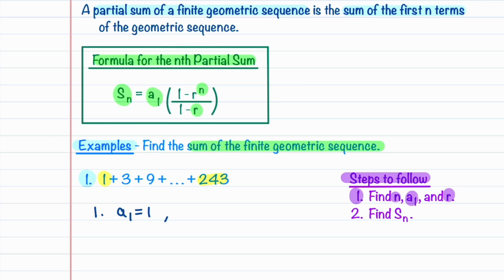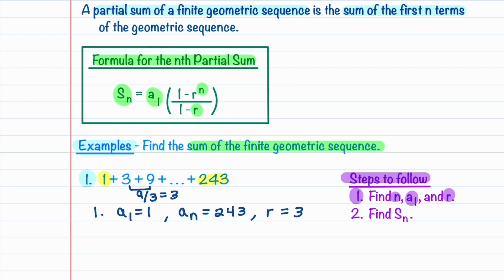And then the last term is a sub n, so we can say a sub n is equal to 243. And then we can look at the common ratio because we're told that it's geometric, so it has to have a common ratio. So we can just take one number and divide it by the term before it to get 3. So we can say that our common ratio r is equal to 3.